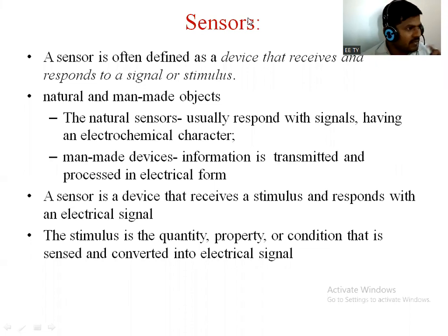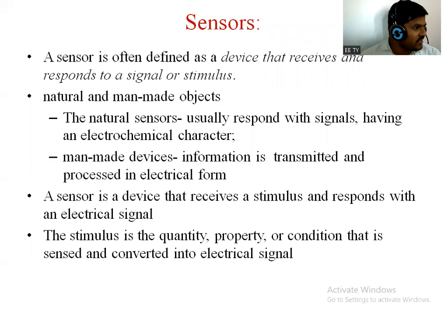Getting the concept of stimulus: suppose I am talking about one object, an object in the form of quantity, in the form of property, or in the form of condition. This can be sensed and converted into an electrical signal.